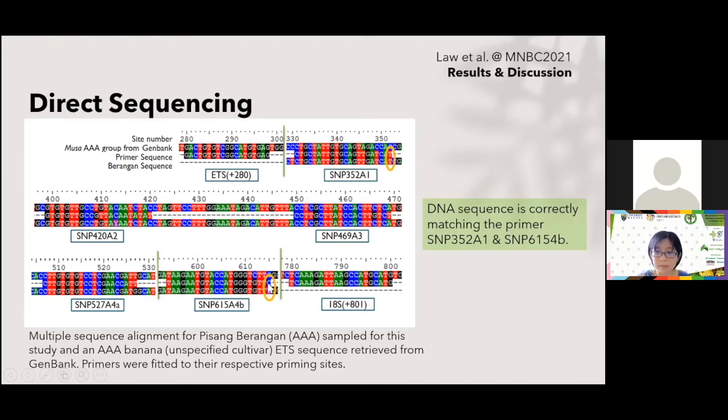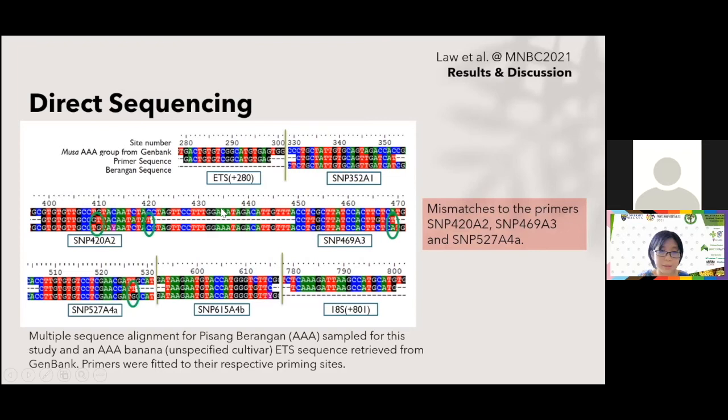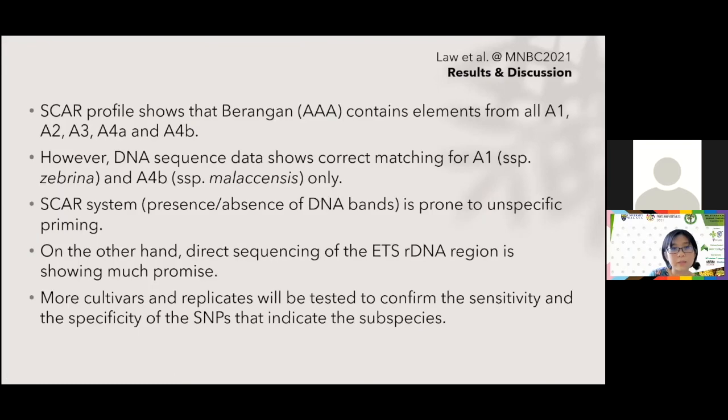On the other hand, there are a few mismatches here. These are the mismatches. What we learned from here is that by merely looking at the DNA band profile, we can't really determine the origin. From the DNA sequence data, we can see that they are mismatching, meaning the primers are not very specific.